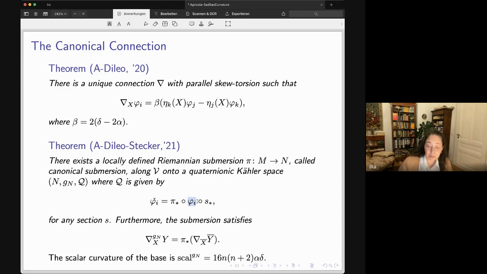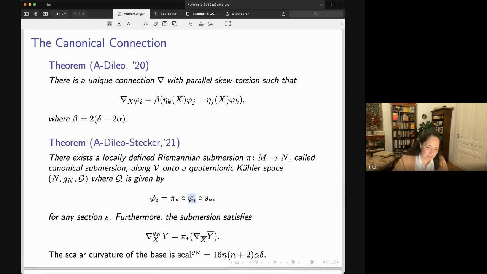Right? Furthermore, this submersion, basically for lifts of vector fields, means that the canonical connection induces the Levi-Civita connection on the base. Right?